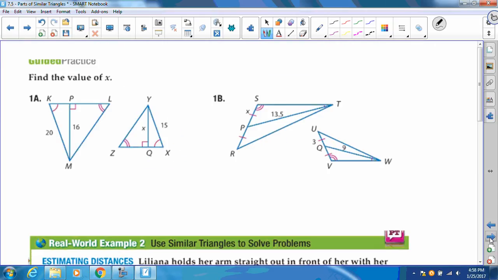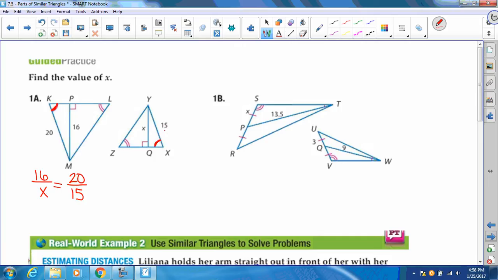Okay, 1A. This time we're looking at altitudes, and we can do a proportion with altitudes. So I'm going to do 16, that first altitude, over the other altitude, X, equals, and then the other side they gave me was 20. I want to make sure 20 matches up with that 15 because they have the same single arc for the angle.